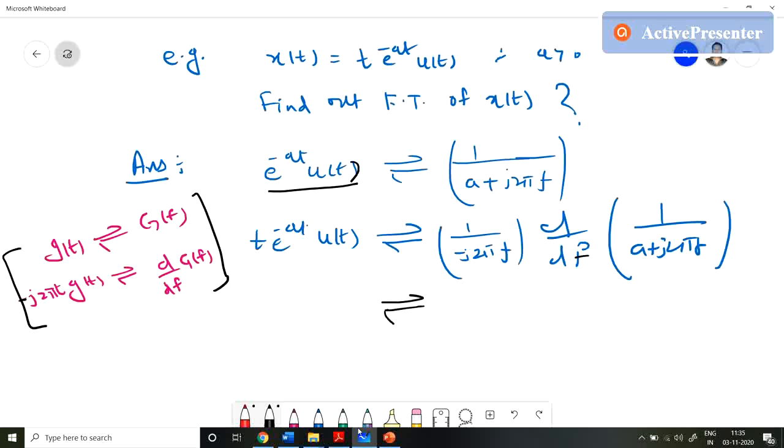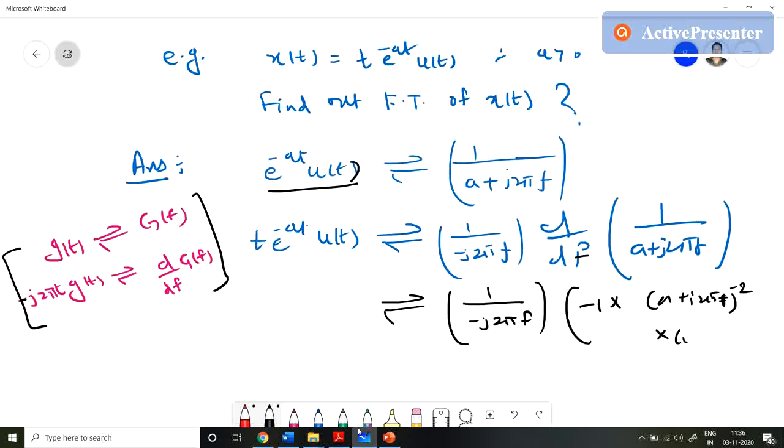So that is equal to 1 divided by minus j 2 pi f, and if we solve this, the differentiation is equal to minus 1 multiplied by a plus j 2 pi f minus 2 multiplied by 0 plus j 2 pi f. So finally we will get 1 divided by a plus j 2 pi f whole square.